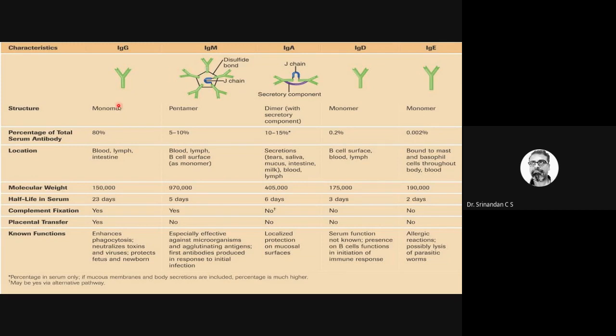IgG is high, and they have a half-life in the serum. This IgG can enhance phagocytosis and neutralize toxins and even viruses.